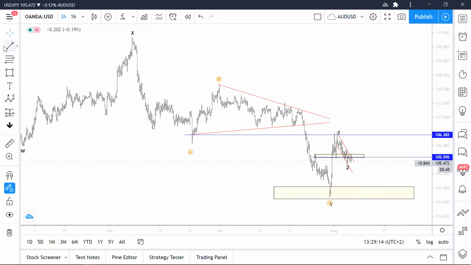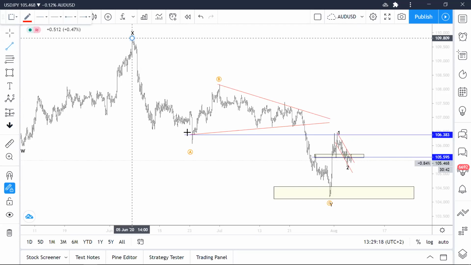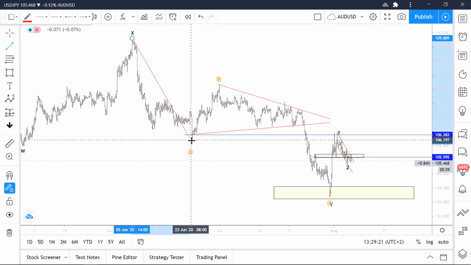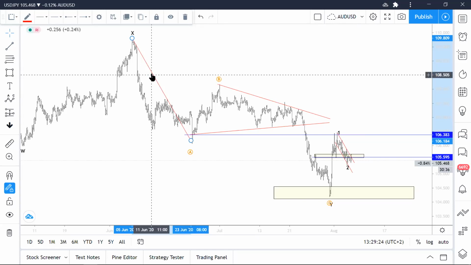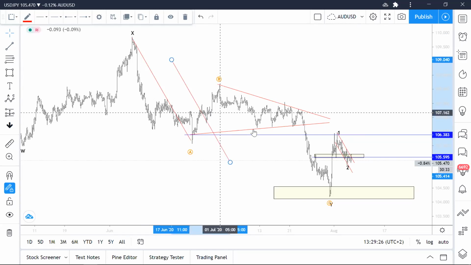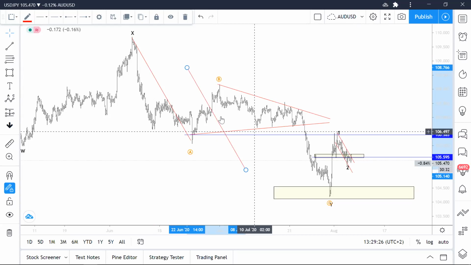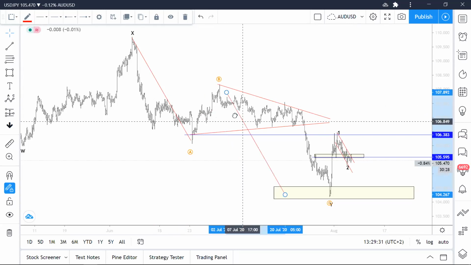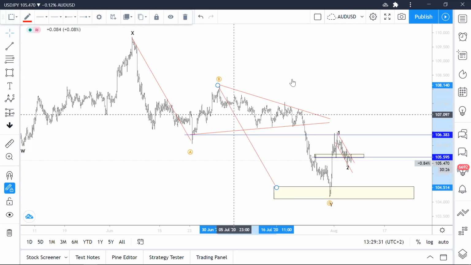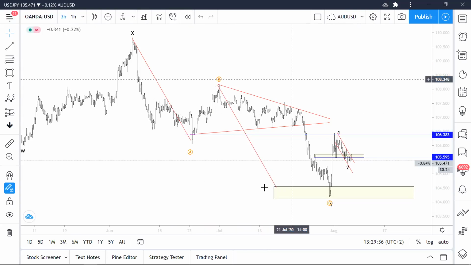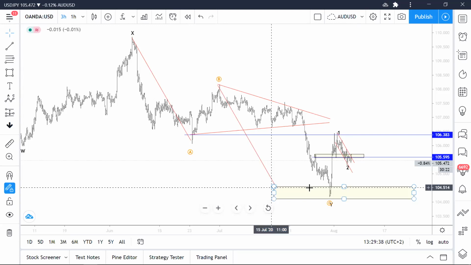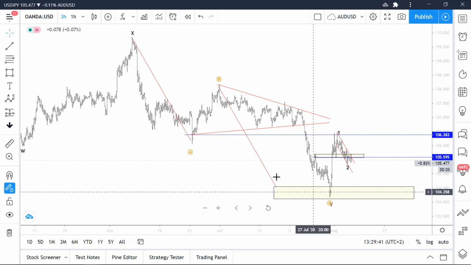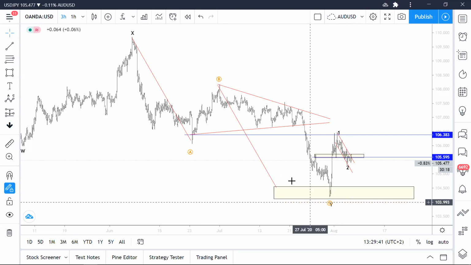We have a lot of impulse and correction moves here. From this top here to this bottom here, if you look at that length, and remember this is a corrective structure here, as you can see, it does extend down to point Y here at the bottom, which is approximately at the same point here.